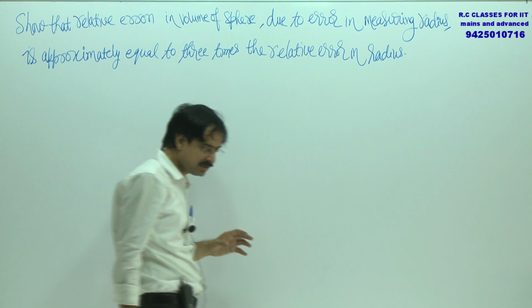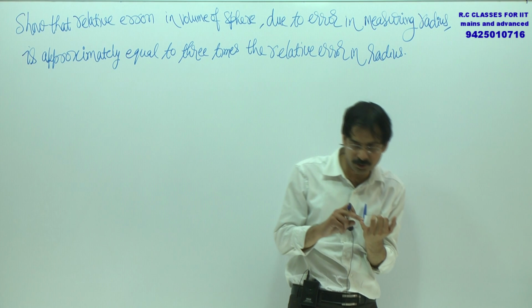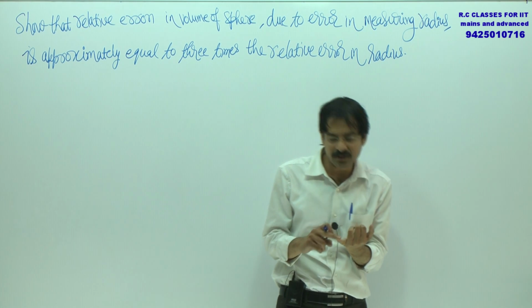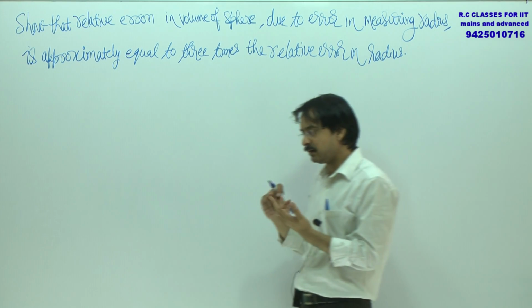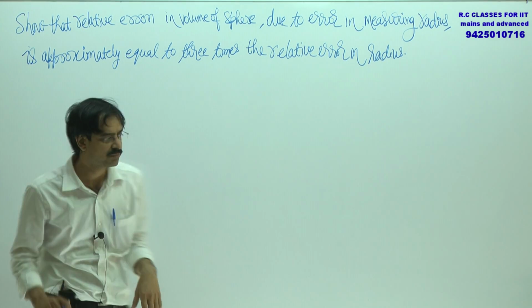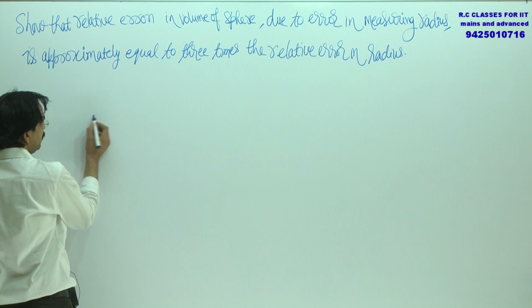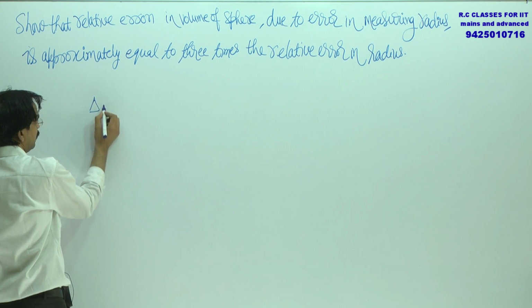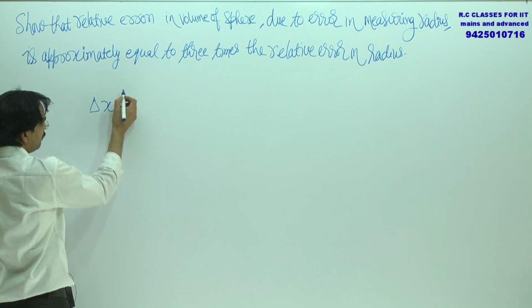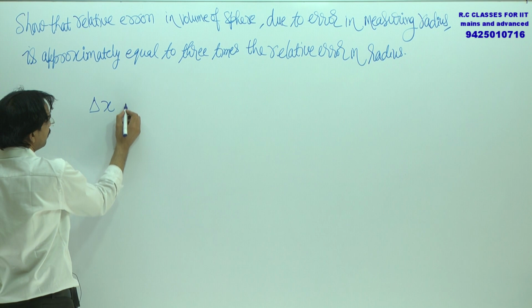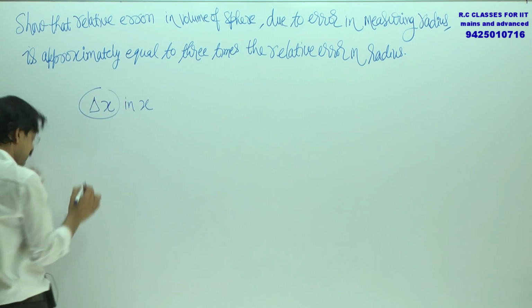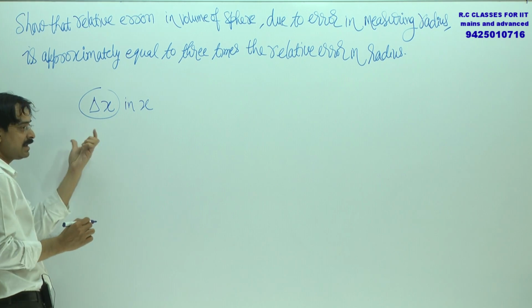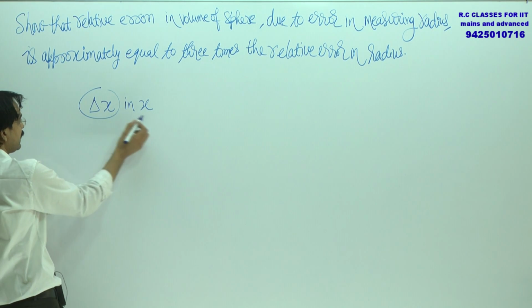When we say relative, there are actually 3 terms: absolute error, then relative error, and then percentage error. Absolute error is the change in x, that is delta x in x.